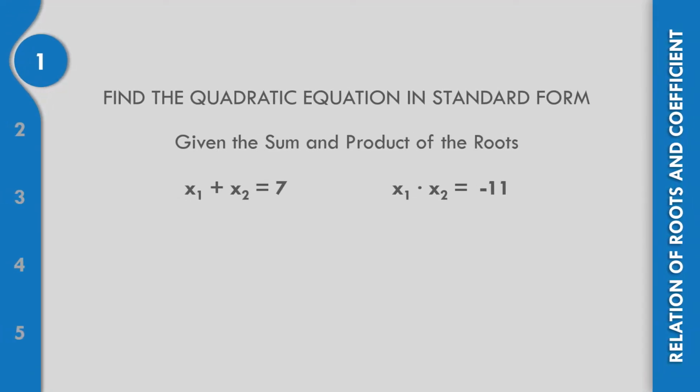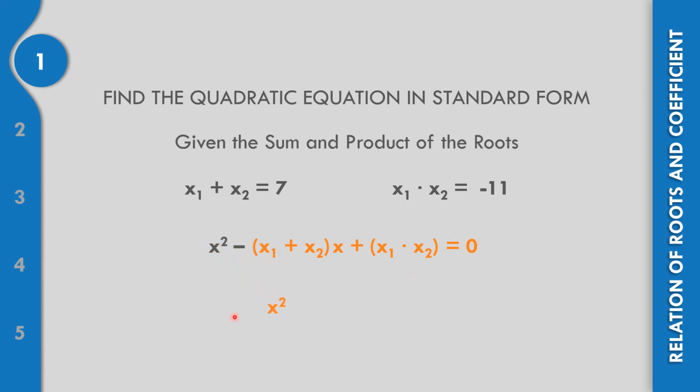In example number 1, given the sum and product of the roots, let us find the quadratic equation in standard form. The sum of the roots is 7, and the product of the roots is negative 11. The formula is x squared minus the sum of the roots times x, so x1 plus x2, plus the product of the roots, x1 times x2, equals 0.